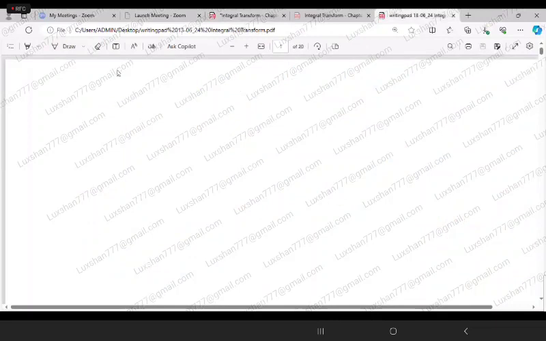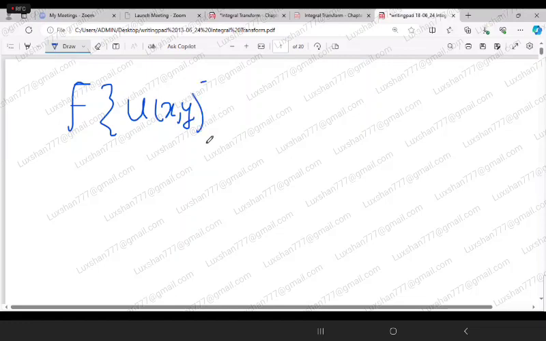The Fourier transform of the unknown function u(x, y) equals u bar.